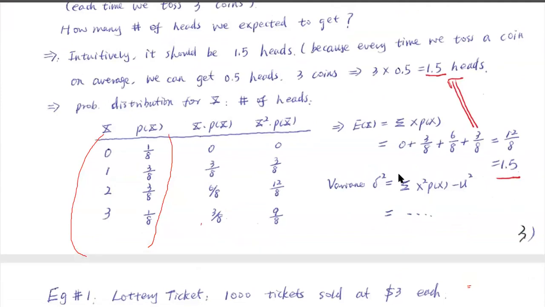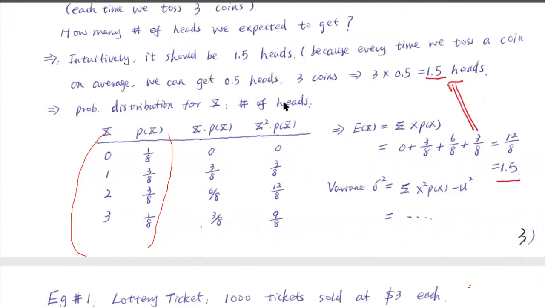So that means if we toss 3 coins, what's the average number of heads we are getting? What do we do? We simply multiply them together. We multiply them together and get a third column. 1 multiplied by 3/8 is 3/8. 2 multiplied by 3/8 is 6/8. 3 multiplied by 1/8 is 3/8.